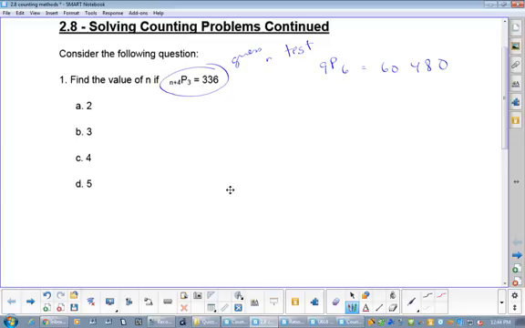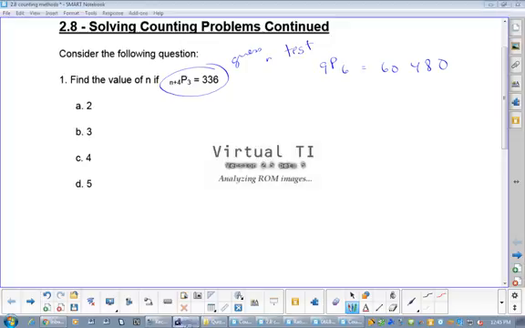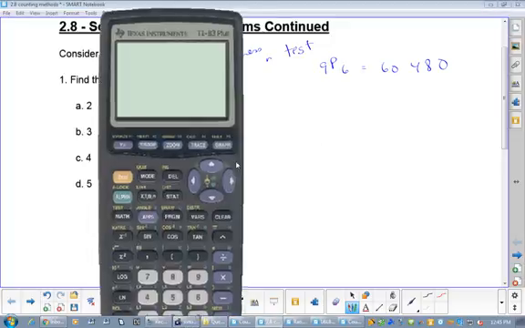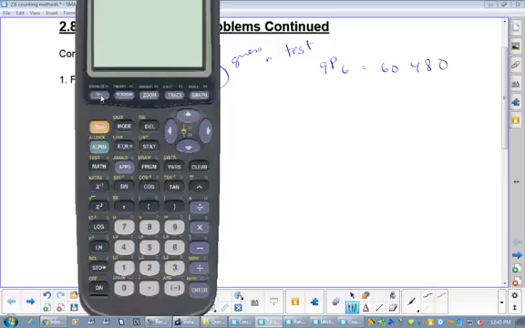And even if the number's like 20, say, I'm just going to do one here quick. I don't even know if my calculator can handle this.